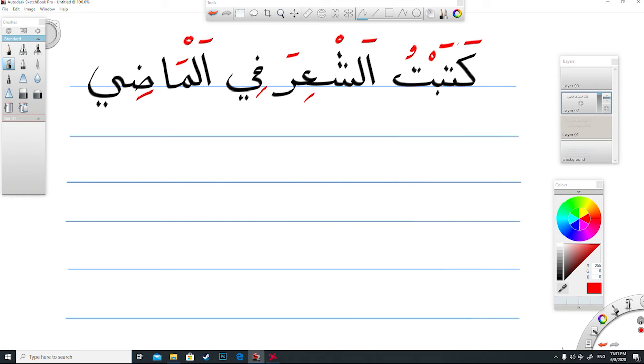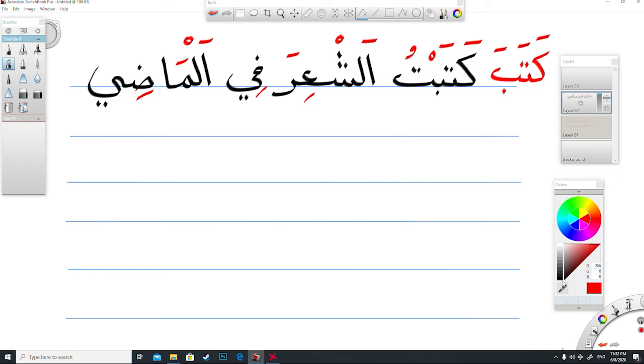Look what we have changed in the root. كتب with 3 فتحة. Here we added ta to the end of the root, the final form of the letter ta. And we changed the diacritics here, fatha, sukun, and waw, katabtu.